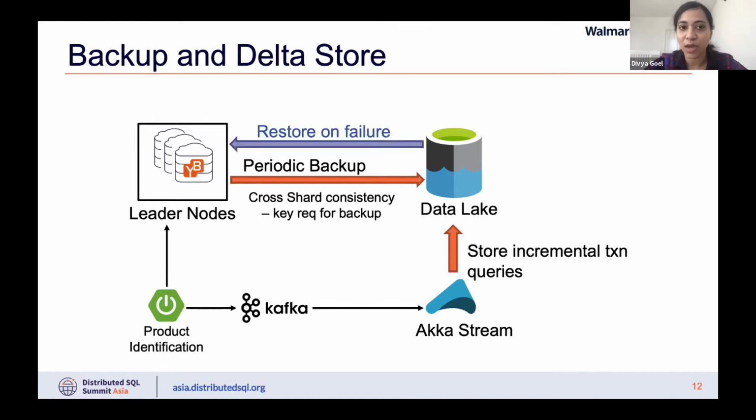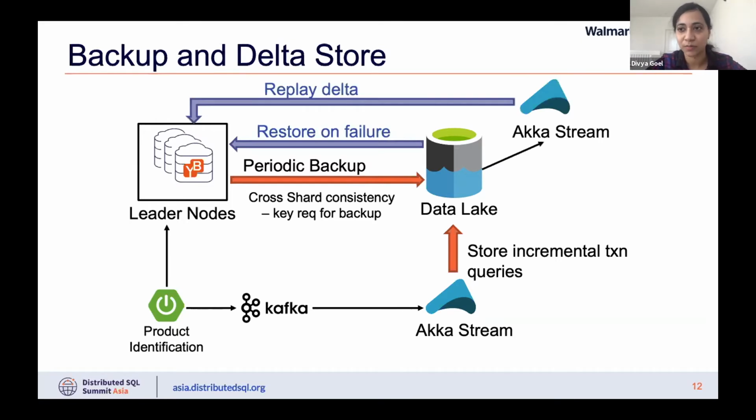So when any issue happens, we first restore from the backup and then replay all the deltas from Akka Stream. And Akka Stream has really been very useful for us because we could scale to the amount of data that we are getting from the service and write it to the data lake. So that was about the architecture.